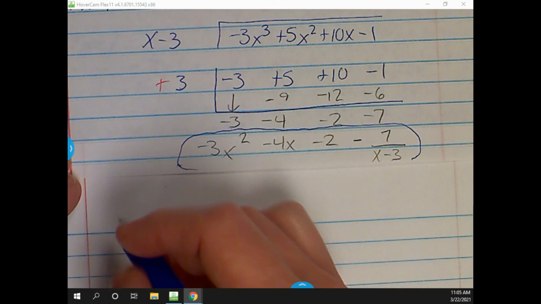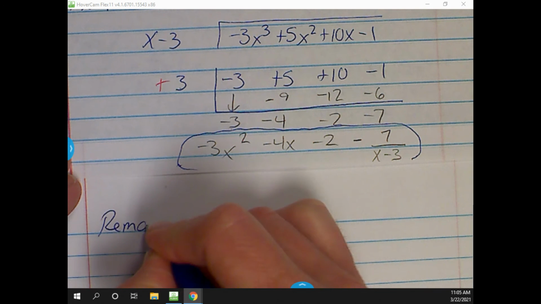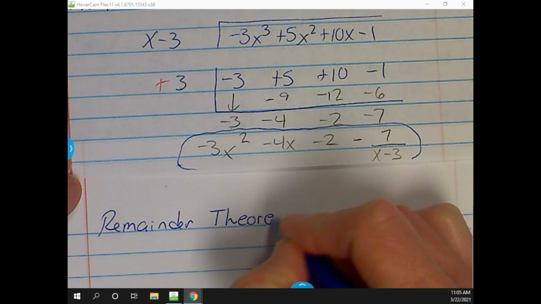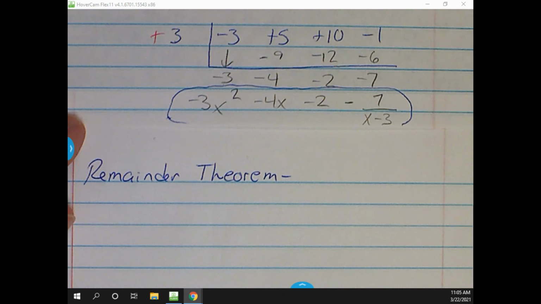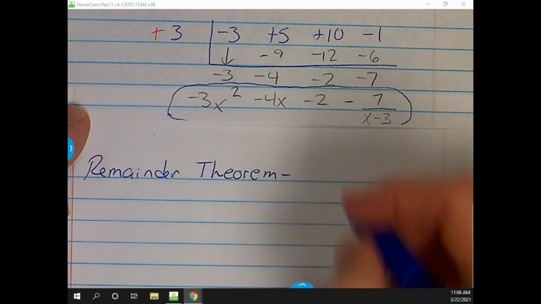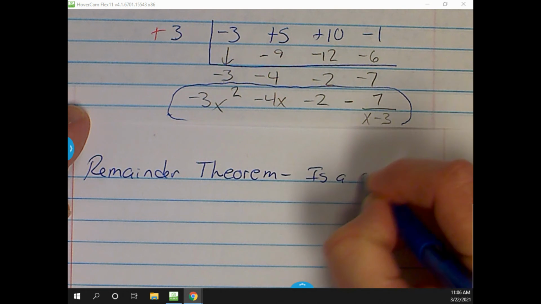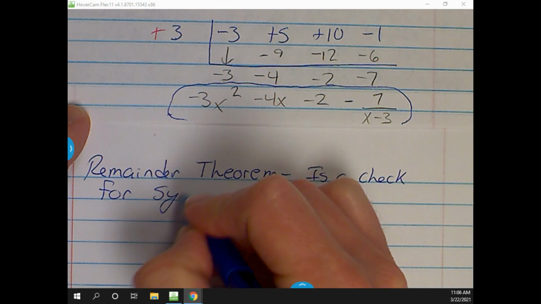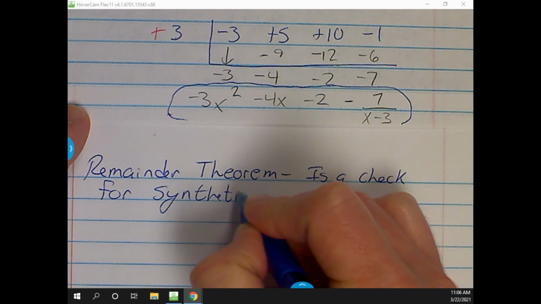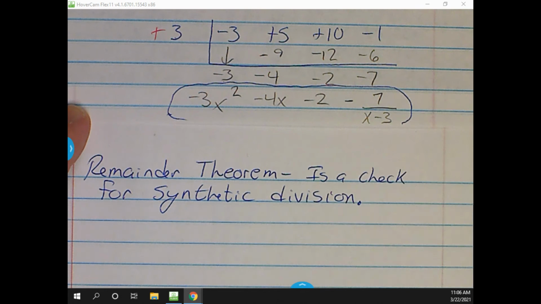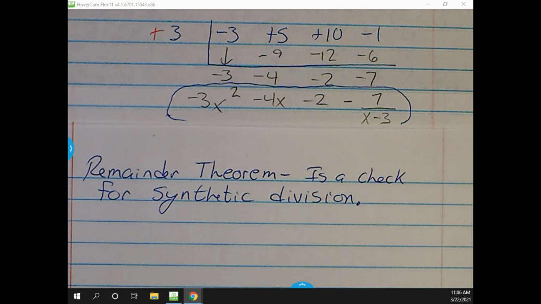And this is what they call the remainder theorem. The remainder theorem basically is this. This is a check for synthetic division. And basically it's this.